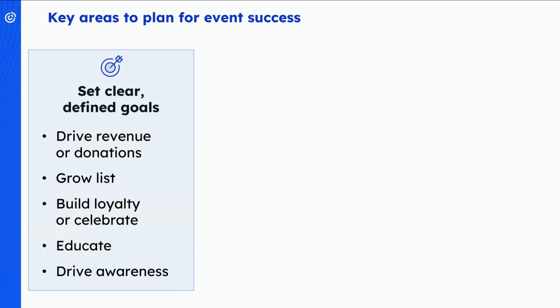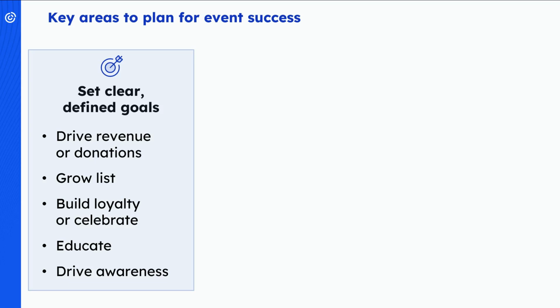First, it's important to set some clearly defined goals. What is it you want to accomplish? That could be things like driving revenue or donations, growing your contact list, just building loyalty, or celebrating some sort of milestone.